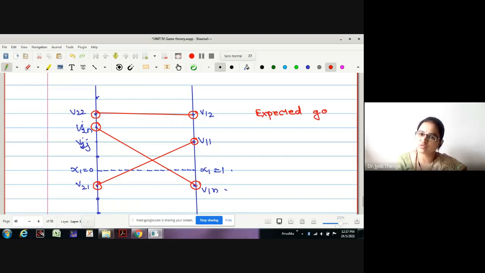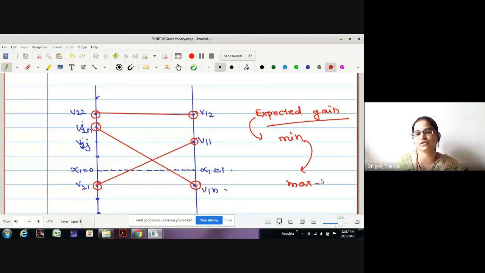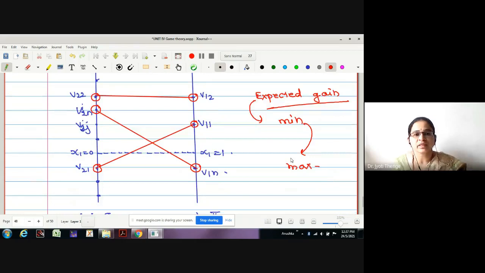But for this expected gain, we first want to minimize it and then maximize it, meaning we want to find the value of x1 for which it is maximized. As we are interested in the minimum expected gain, one can easily observe that the minimum expected gains are the values along the lowest boundary. Let me redraw this.